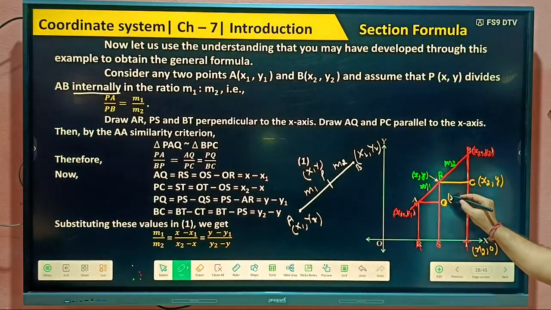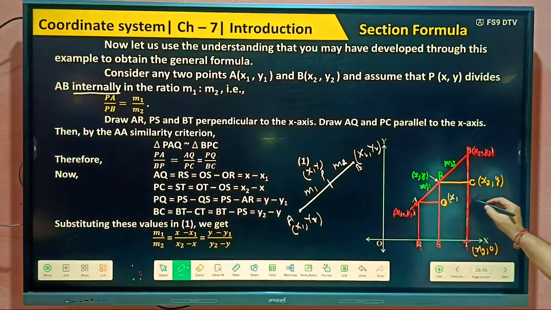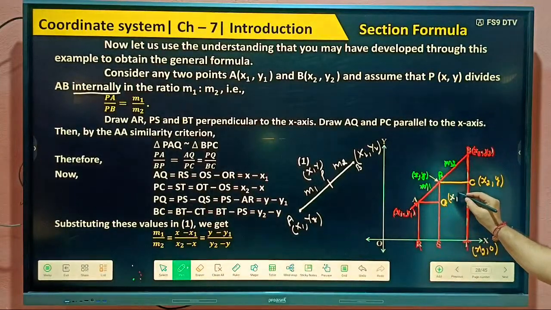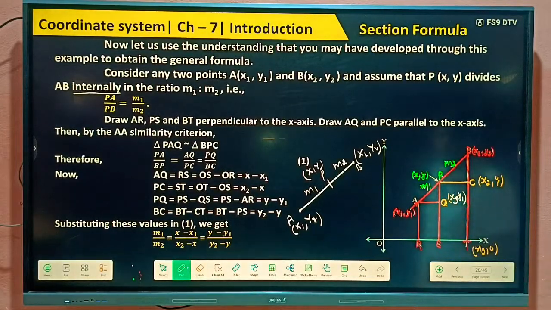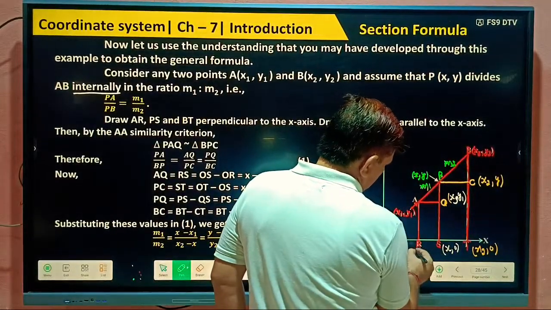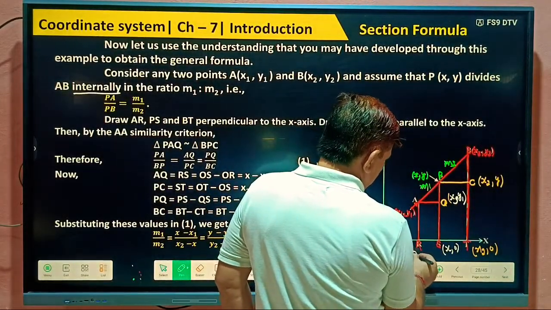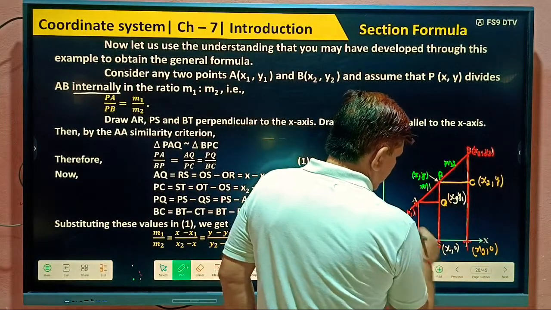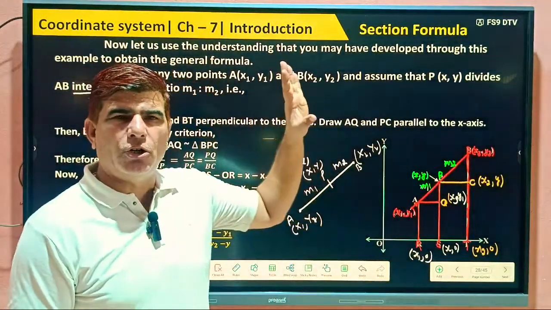So this is also x, and y is the y-coordinate of A, which is y1. So Q is (x, y1), and the foot of the perpendicular is (x, 0). Now the coordinates of R: y remains 0, and x is x1.